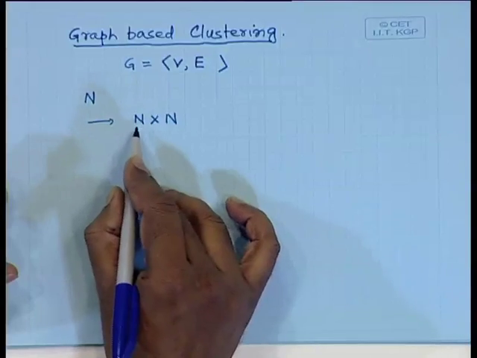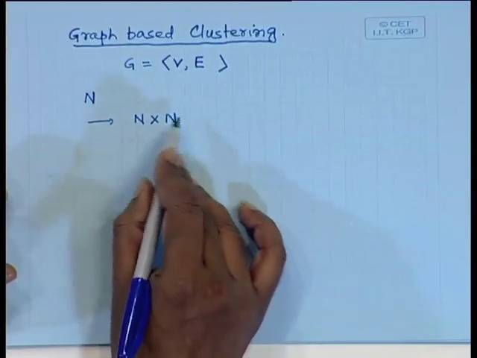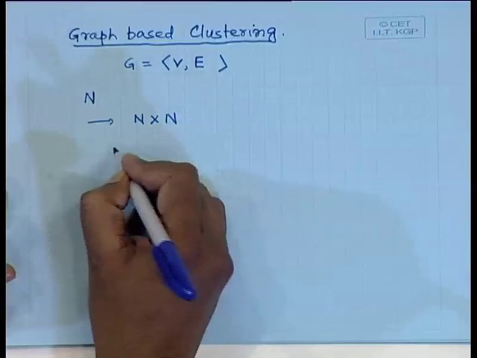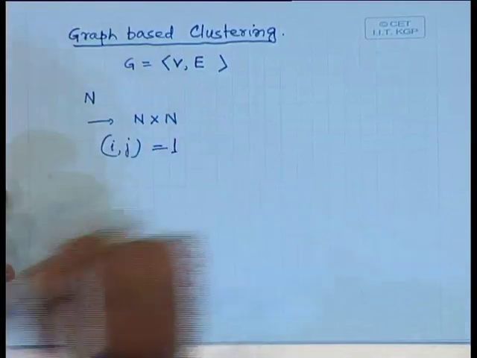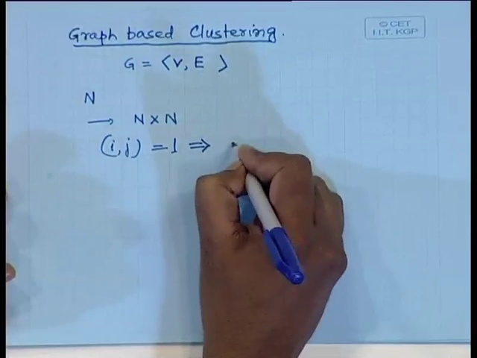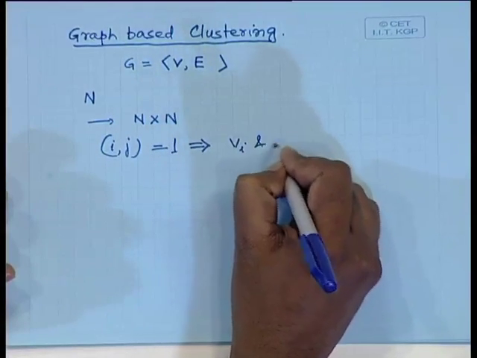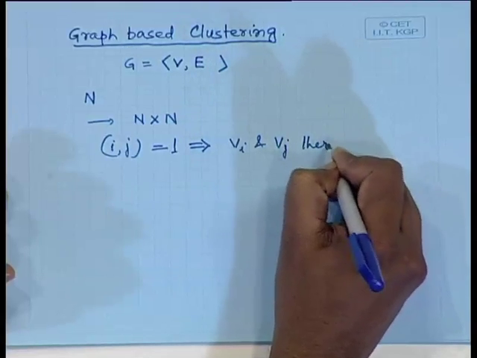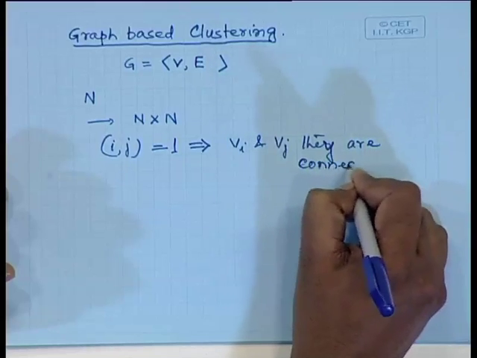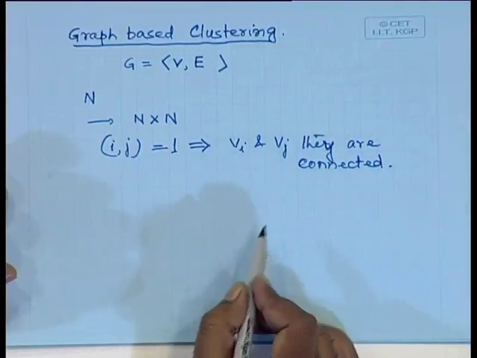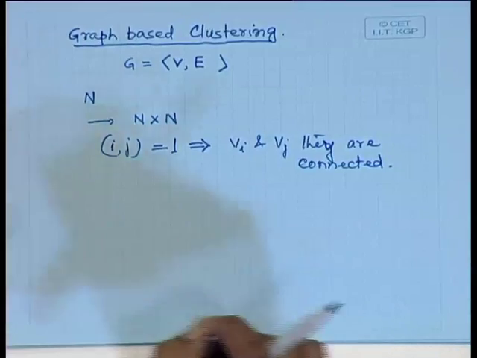If the element ij in this matrix is equal to 1, this indicates that node Vi and node Vj are connected. In our case, if node Vi and node Vj are connected, that means feature vector i and feature vector j are similar. So, if they are similar, they should be put into the same cluster.